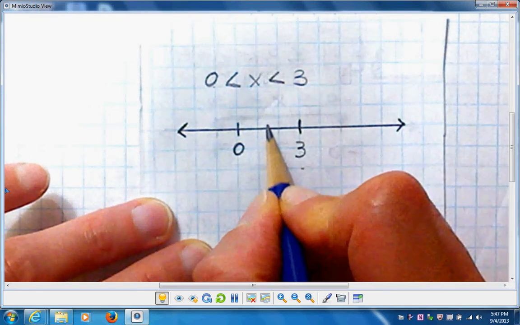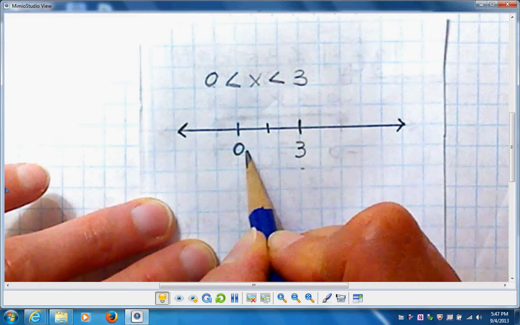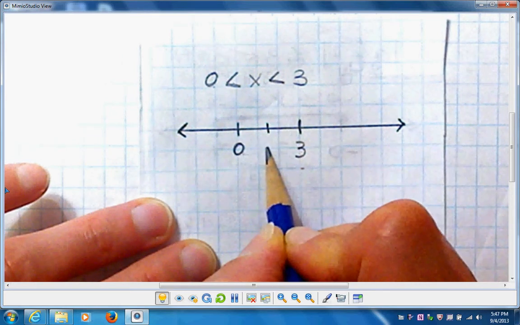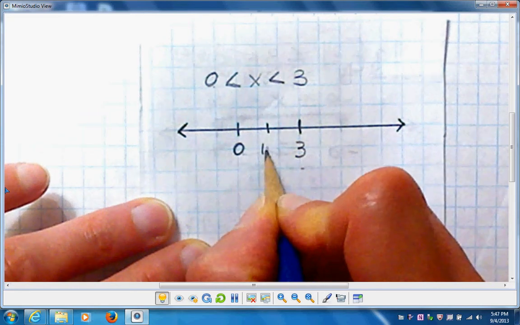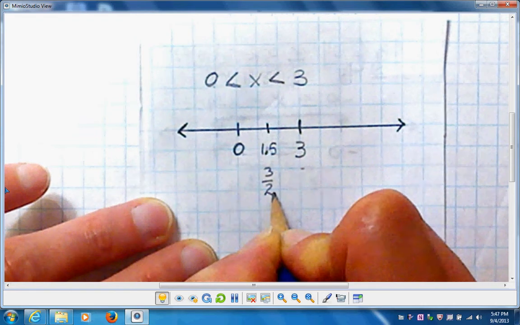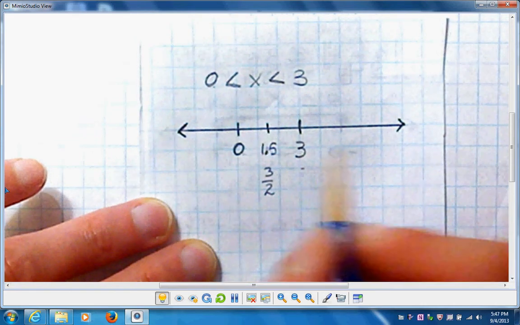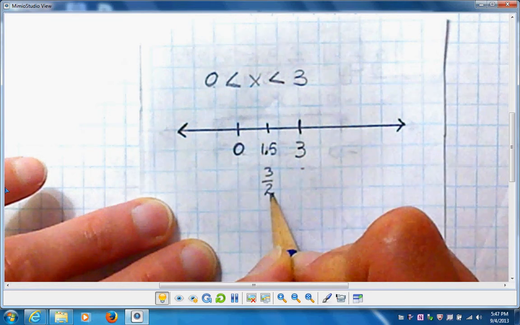So I know that the halfway point is going to be a distance of 1.5 from here and 1.5 from here, or if you want to say, 3/2 is the middle. So that's my center. Either number, they're equivalent, so it doesn't really matter.